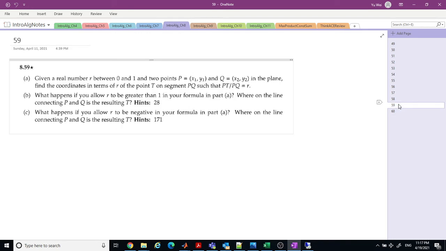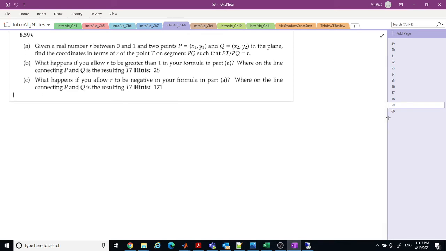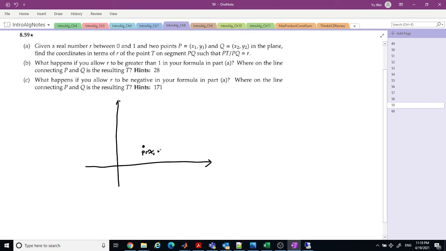Next, okay, so given a real number r between 0 and 1, there are 2 points. Okay, let's draw the picture. So we have P of (x1, y1), and we have Q of (x2, y2).